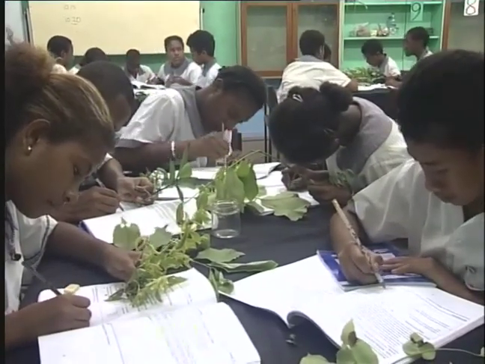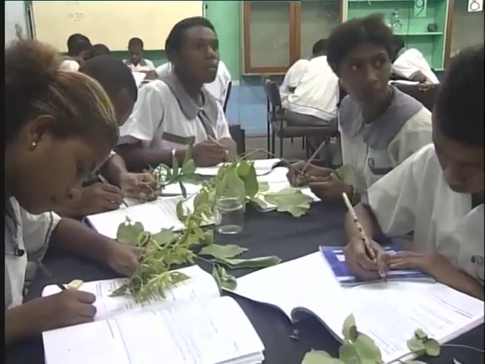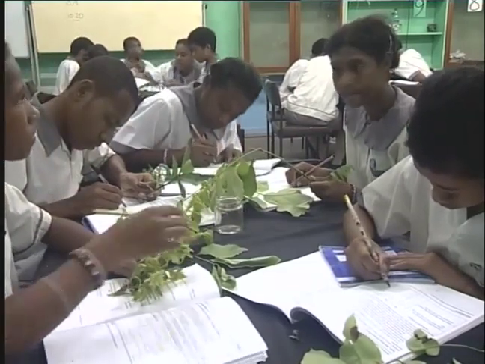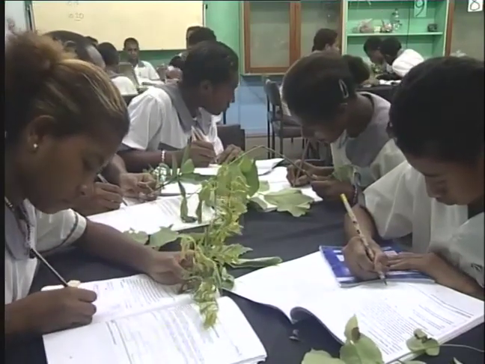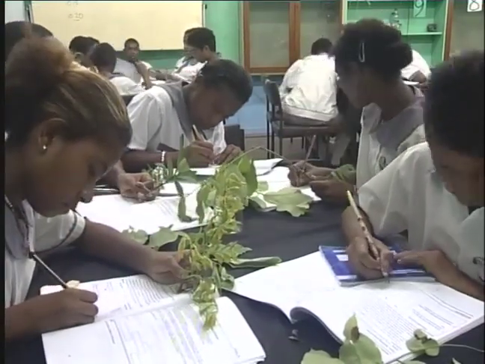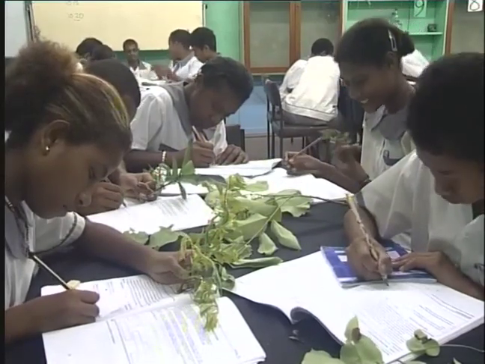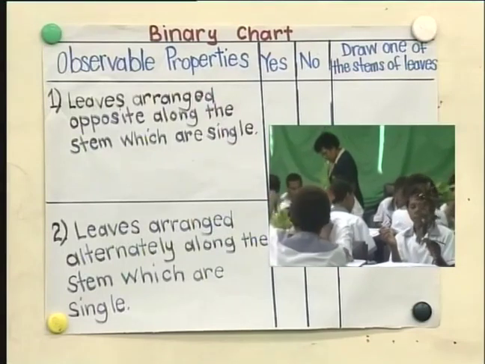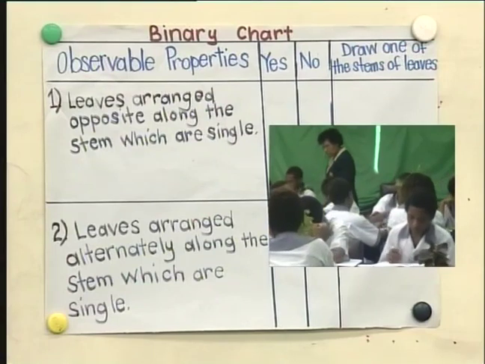Let's see yours, Win. These are leaves what arrange? Win? No, don't tell Win. I want Win to tell me. Leaves arrange? Opposite, alternate? Okay. But how many of them have stems arranged opposite?